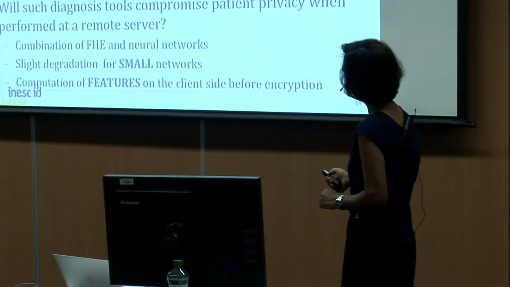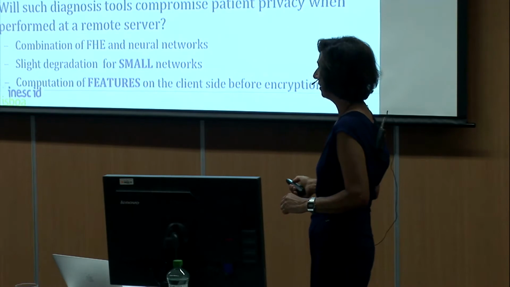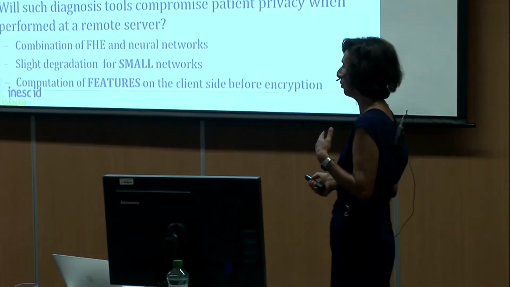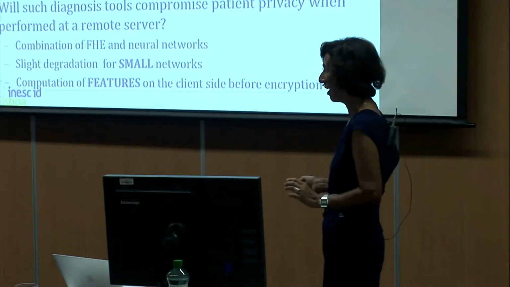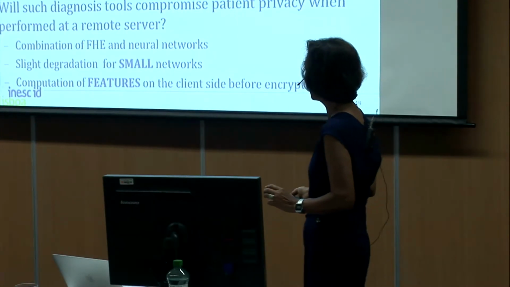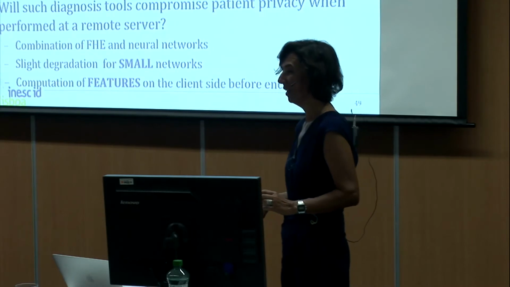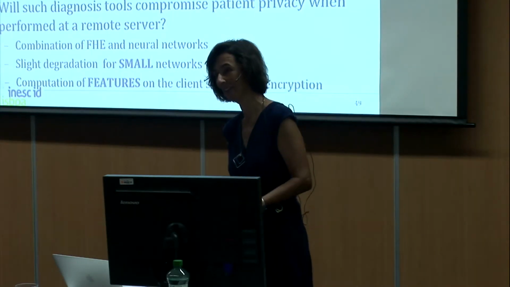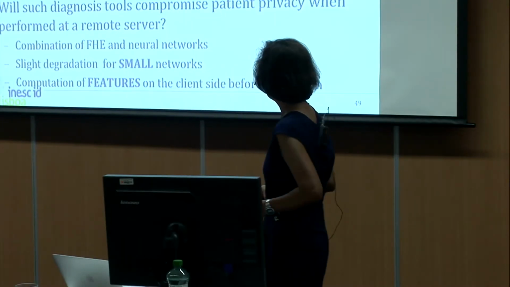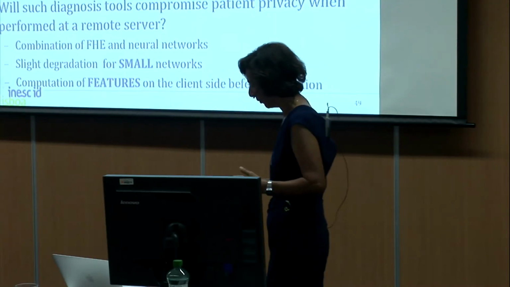In the first case, the fact that in order to prove this, we had to manually label a data set. Manual labels. How can we get around this? And in the second case, the fact that we assume that the features were computed on the client side. And that also raises problems.